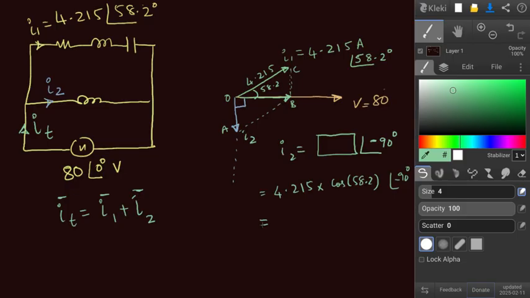So what was the power factor? Cos is power factor, right?